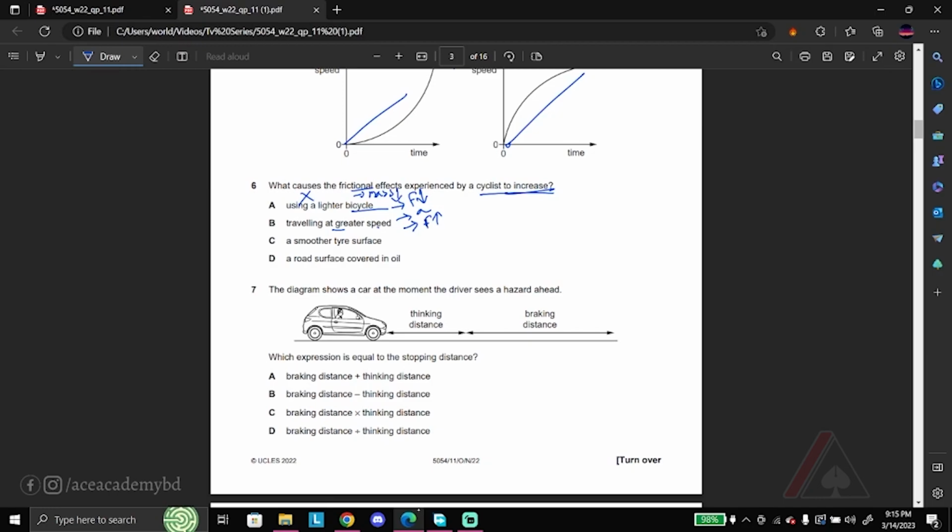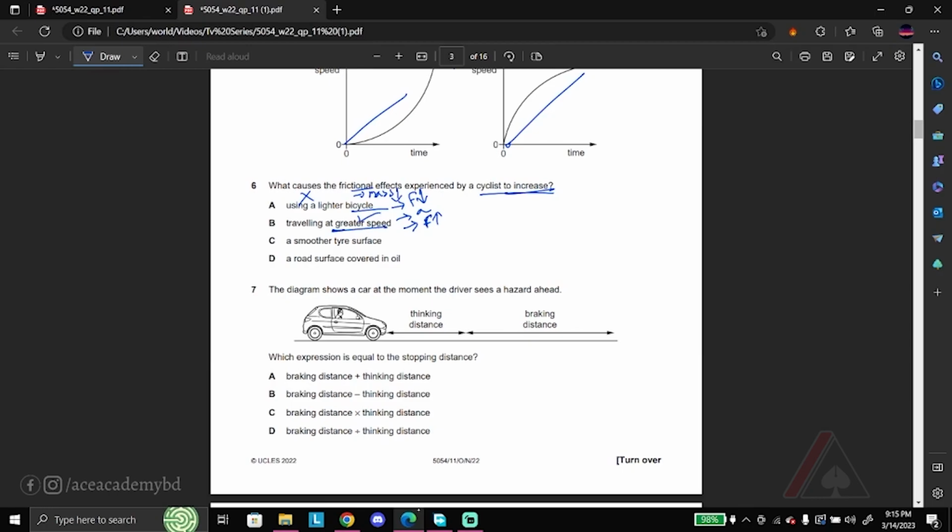So in other words, for any object, with increasing speed, the frictional force such as air resistance or the friction between the tire and the ground will also increase because the total force that drives the object, or the resultant force, also increases. So yeah, this is a probable answer.